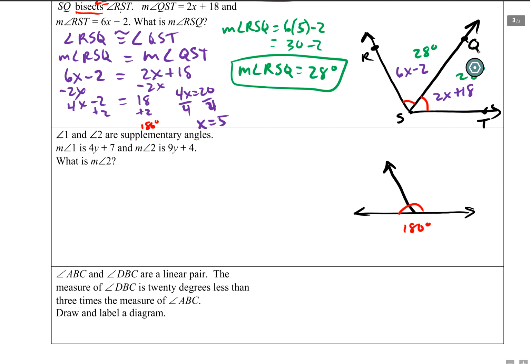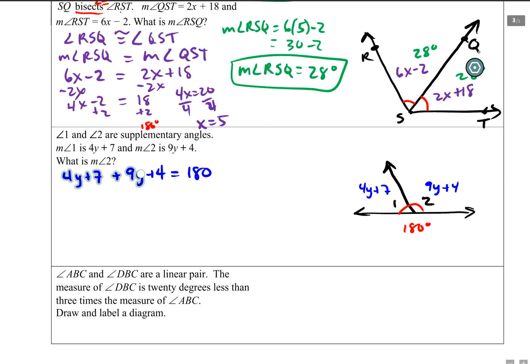And let's see, we've got angle 1 and angle 2. Angle 1 is 4y plus 7. Angle 2 is 9y plus 4. Supplementary tells me that I can do 4y plus 7 plus 9y plus 4 equals 180 degrees.